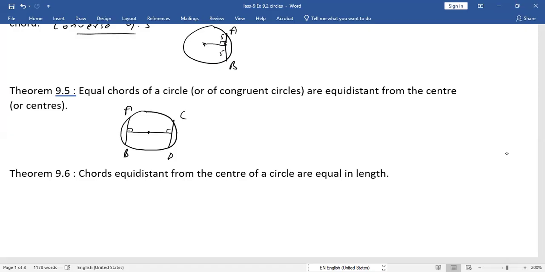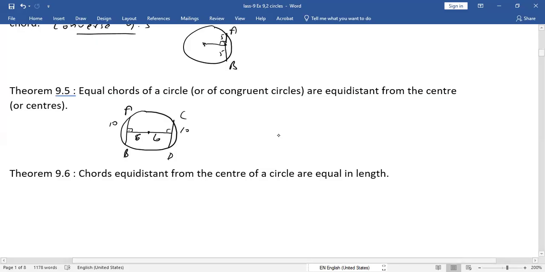I told you chords 10 centimeter. Maybe this is 5 centimeter, 5 centimeter, 6 centimeter, 6 centimeter like that. Suppose the distance may be 6 centimeter, no problem, or X centimeter, X centimeter. Equal chords of a circle are equidistant from the center.